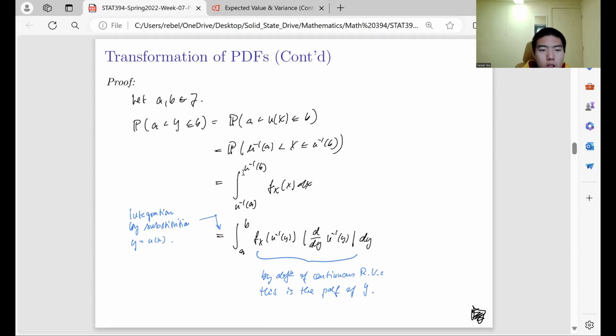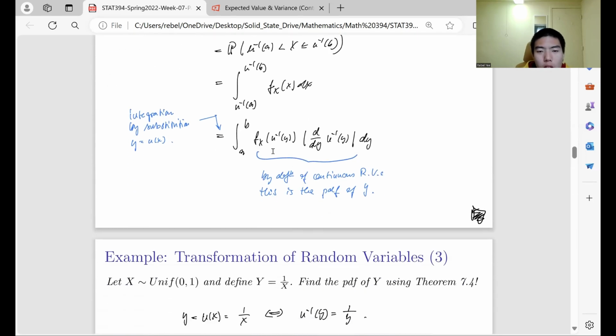We go from u inverse A to u inverse B, integrating over the PDF we just calculated, and find out this form. We can use this integration to calculate the CDF of a transformation over x by function u.